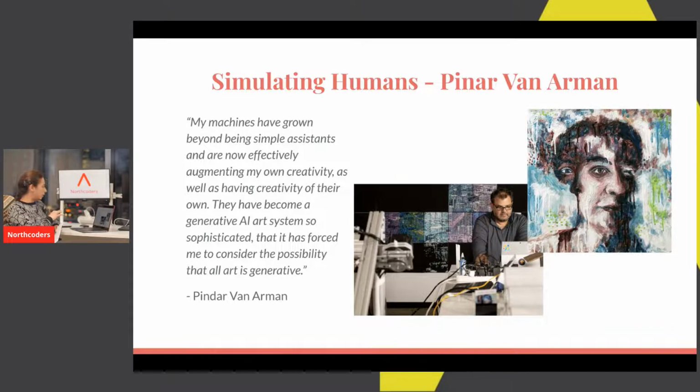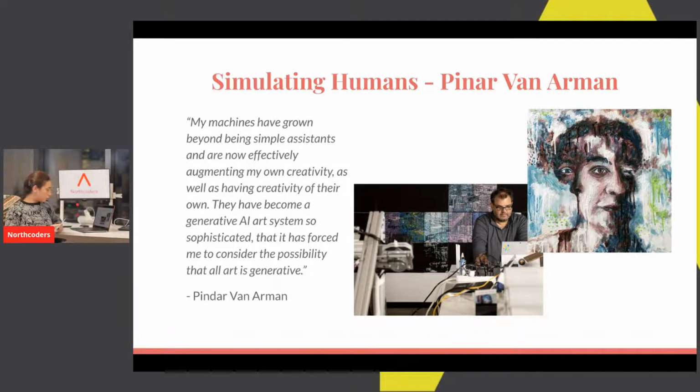But since then, I'm going to quote, "My machines have grown beyond being simple assistants and are now effectively augmenting my own creativity, as well as having creativity of their own. They have become a generative AI art system so sophisticated that it has forced me to consider the possibility that all of art is generative."